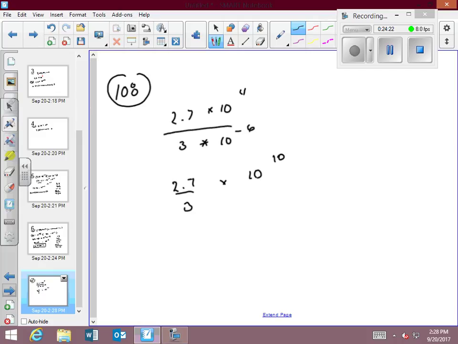Is that right? That 6 is going to go up into the numerator as a plus. Correct? So now all we have to do is divide the 3 into the 27 and move the decimal place 10 places to the right. Correct? So the 3 into the 27 is 0.9 times 10 to the 10th.